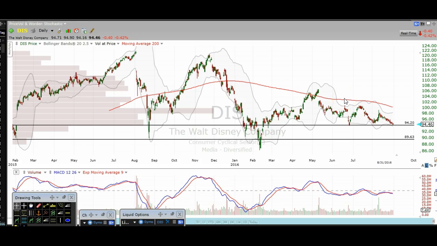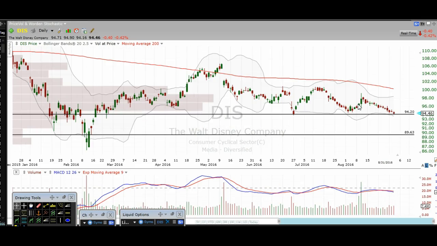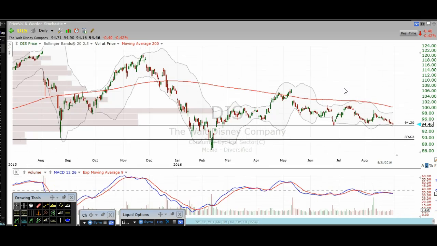But not a great level, to be honest with you. But we could get a bounce from there. But as you can see, we've only got 1, 2 bounces from this level. Kind of trading all over the place. It's obviously not a trending stock, so it's a little bit harder to trade.